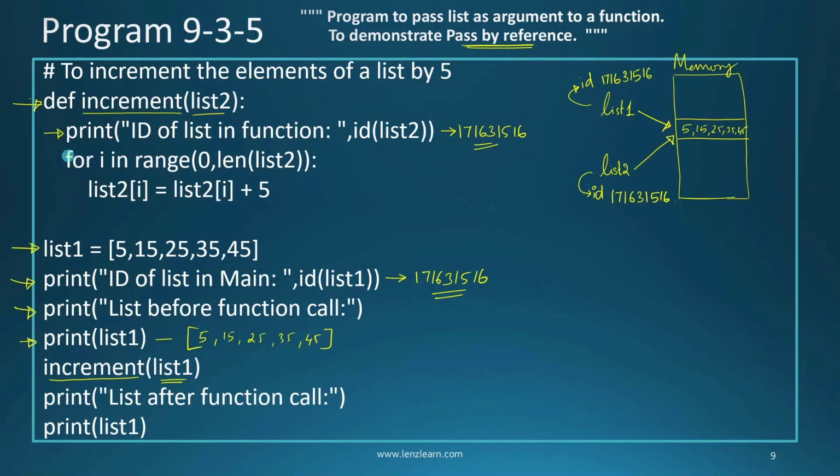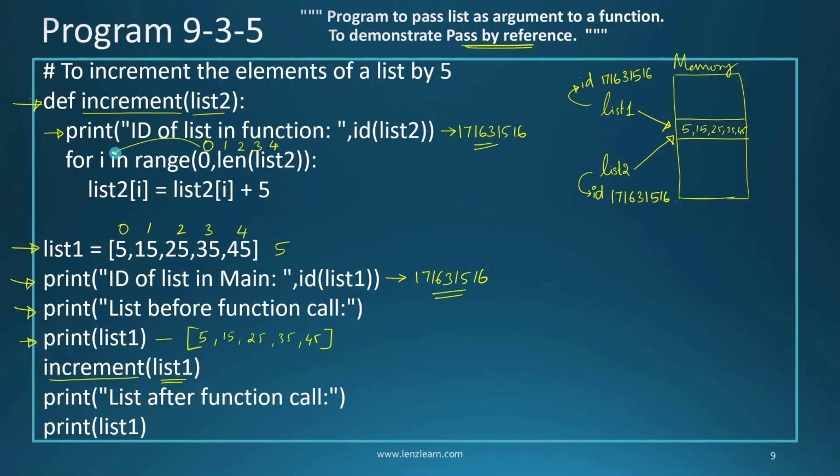Now I will go to my for loop. There I am trying to increment each of these values by 5. The for loop will run from 0 to the length of the list. Here you can see the length of the list is 5, so the range will go 0, 1, 2, 3, 4, which matches perfectly with the index values 0, 1, 2, 3, 4.